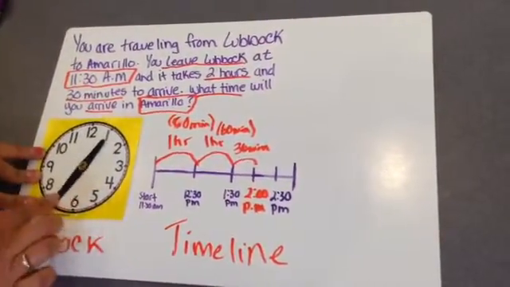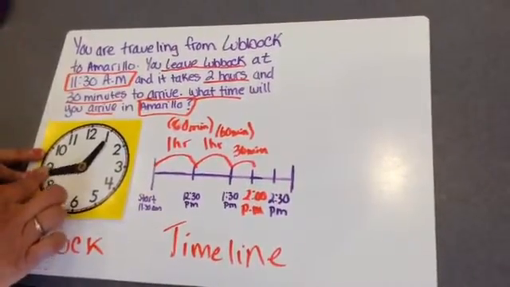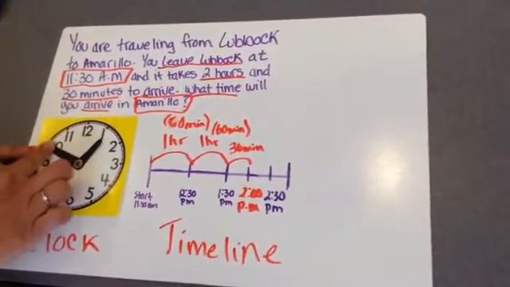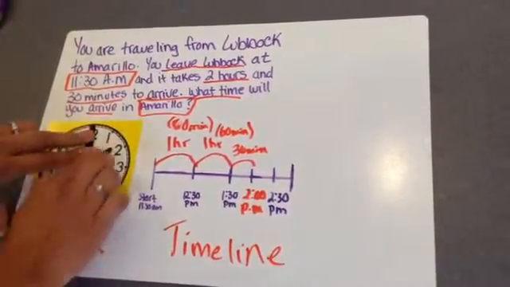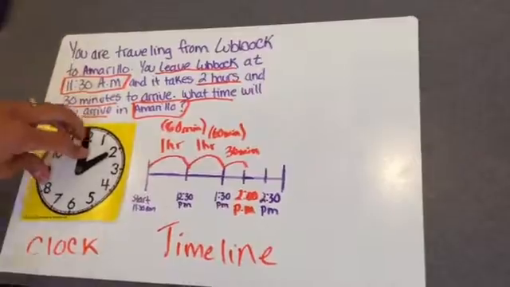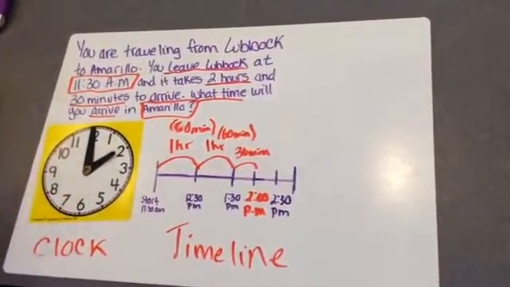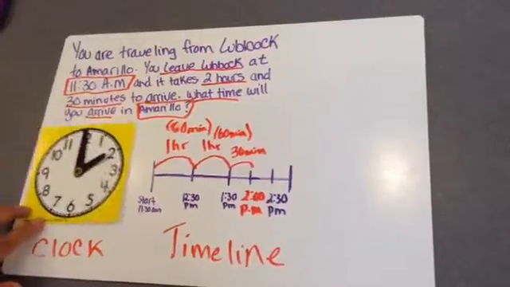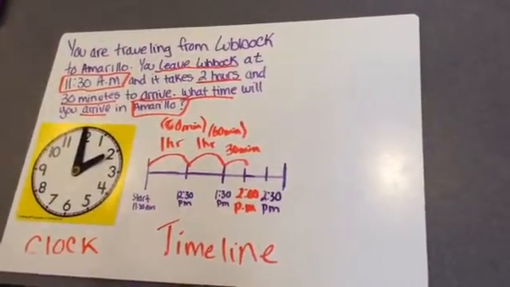So it's 5, 10, 15, 20, 25, 30. And so since we went up to the 30, it switches the hour to 2 o'clock p.m.